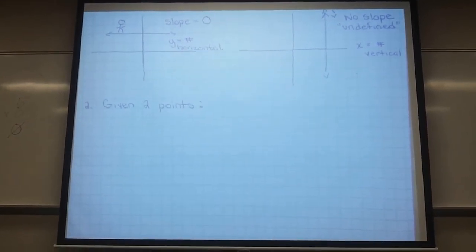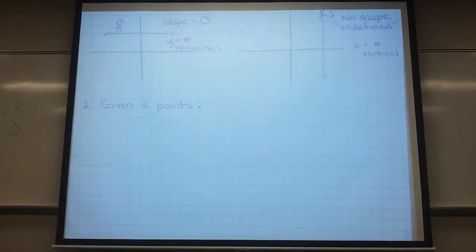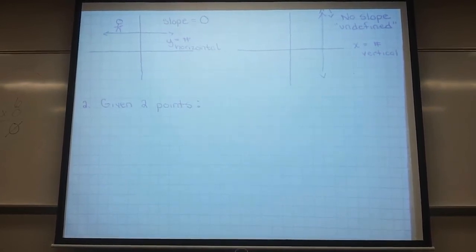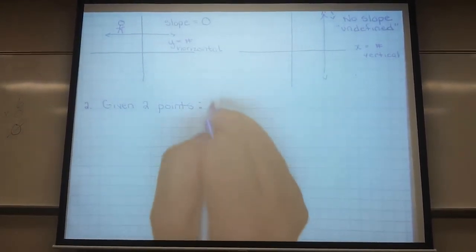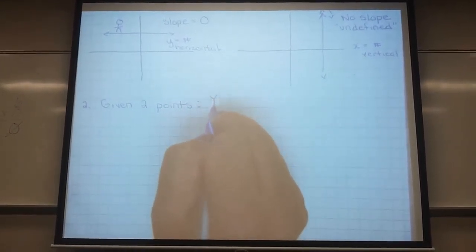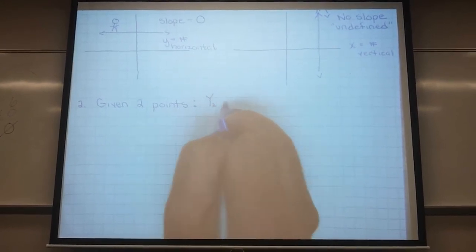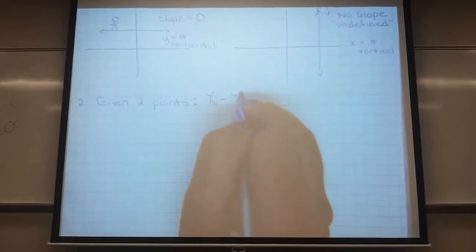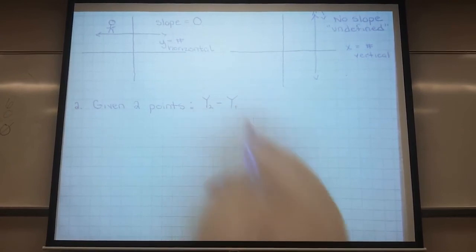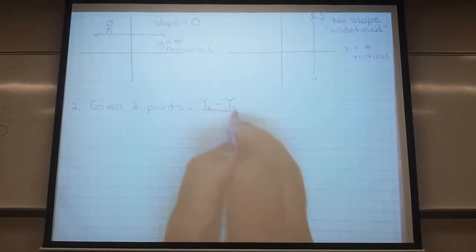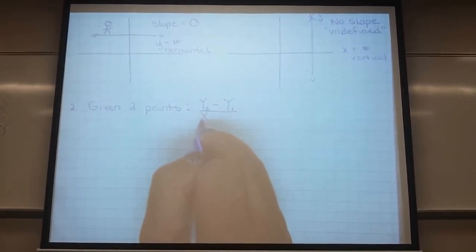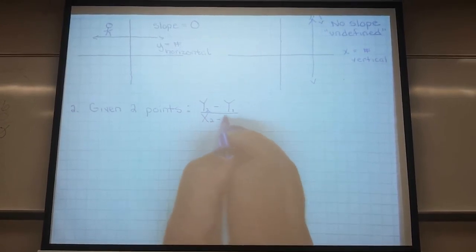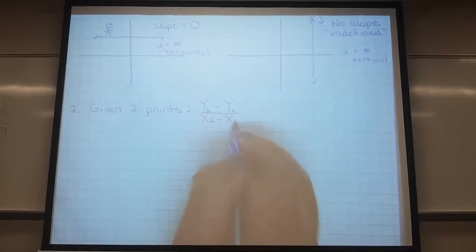Given 2 points, now, this one, you just got to know the formula. If you know the formula, you can do all the problems. And it looks like this: y2 minus y1 all over x2 minus x1. And I'll show you what all that means in just a second.